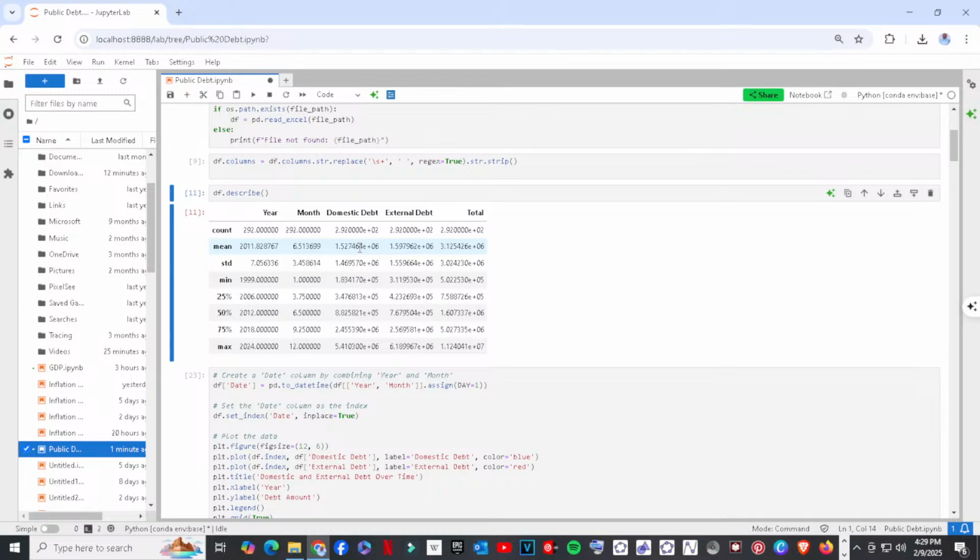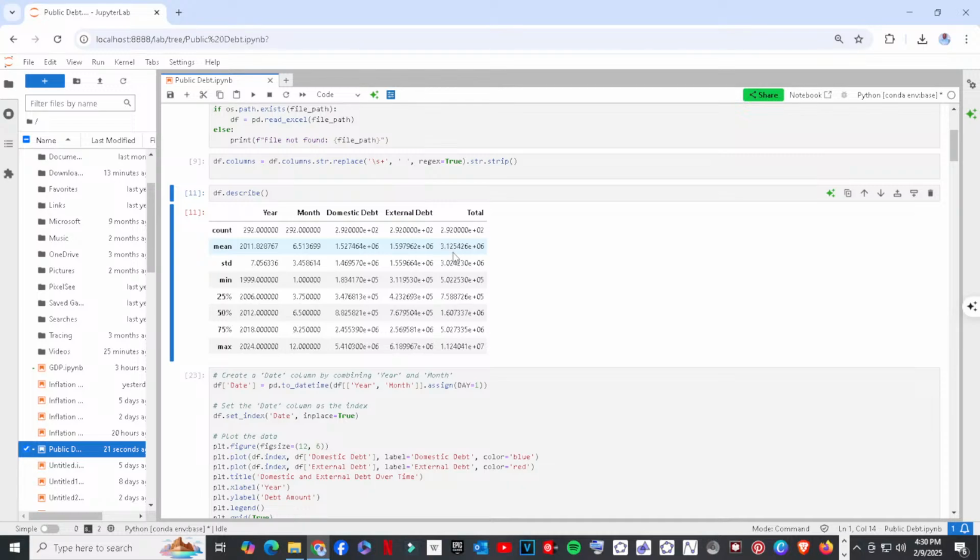And the mean external debt is about 1.60 trillion, giving us a mean debt of about 3.13 trillion.